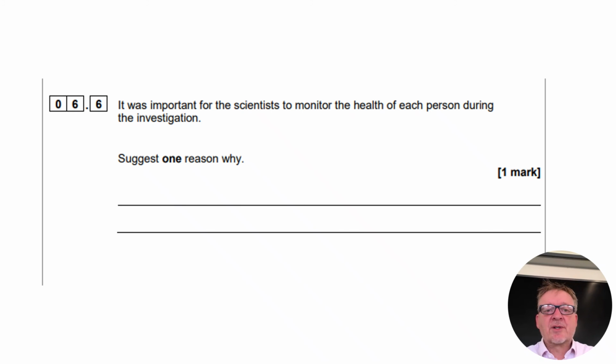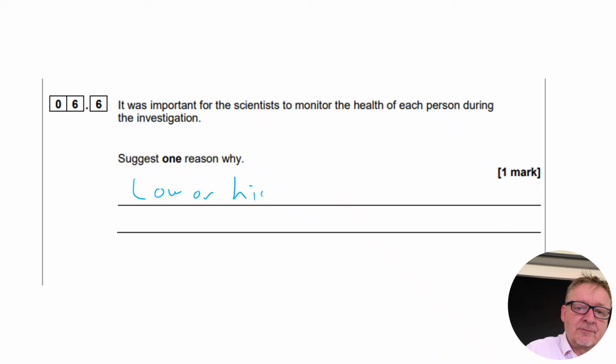6.6. It was important for the scientists to monitor the health of each person during the investigation. Suggest one reason why. Low or high blood glucose could be dangerous. What it could do, unlikely, it could bring unconsciousness.